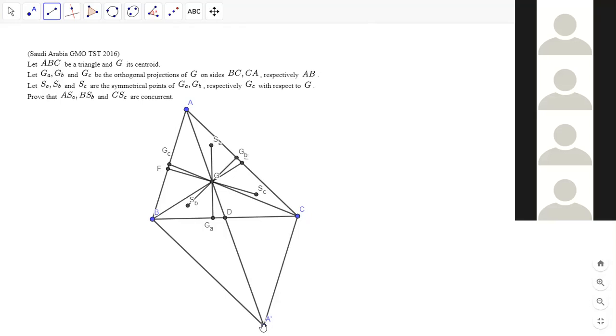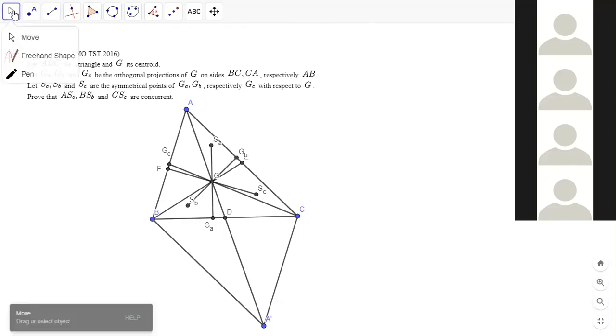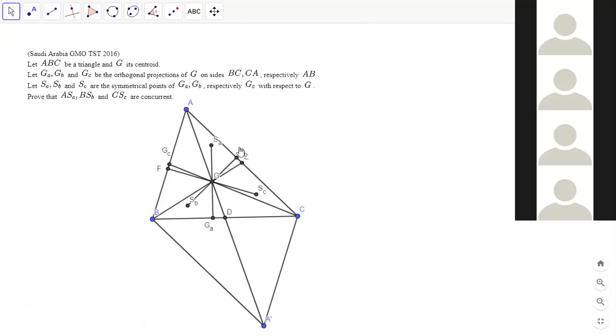Should I erase this point or keep it? I can keep it for now. Let's see, which is F and which is... Okay, really this is GC and this is F.